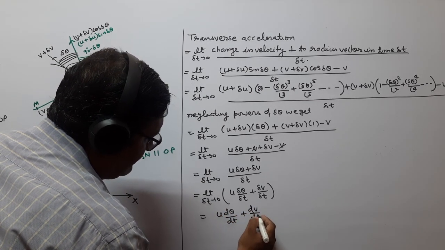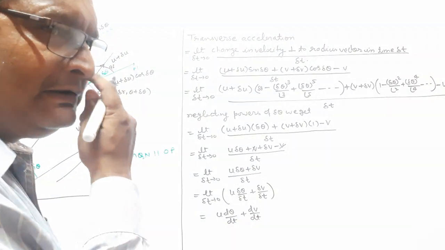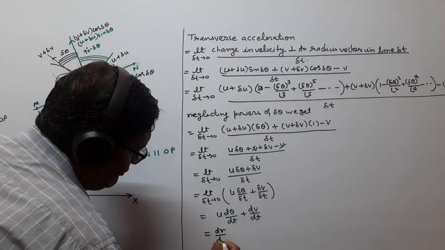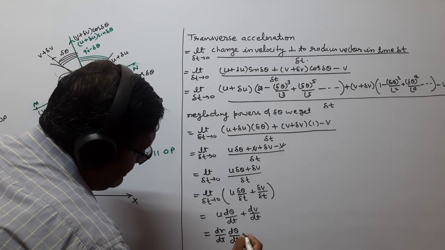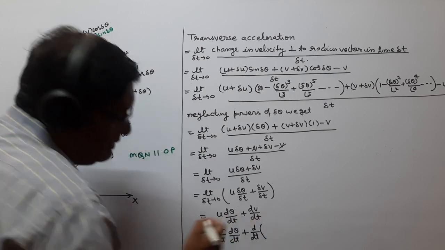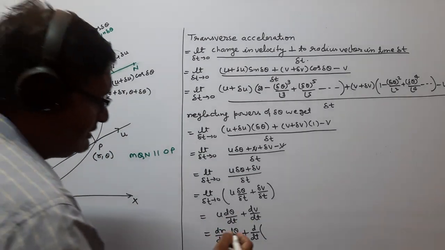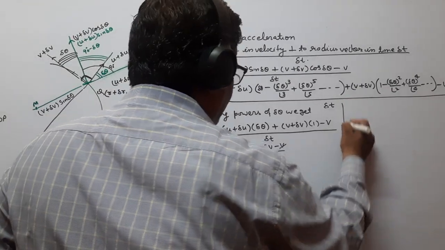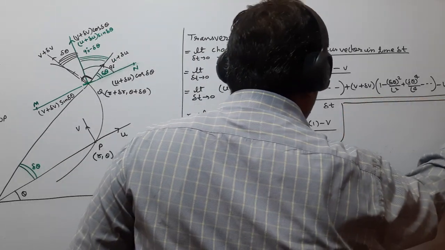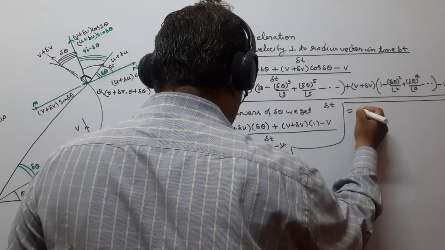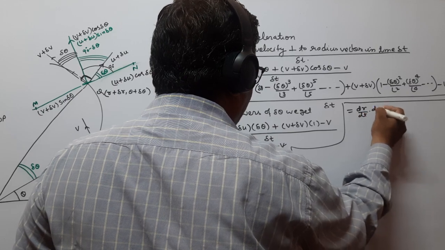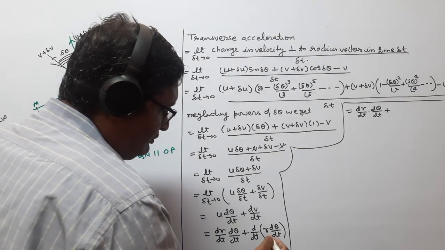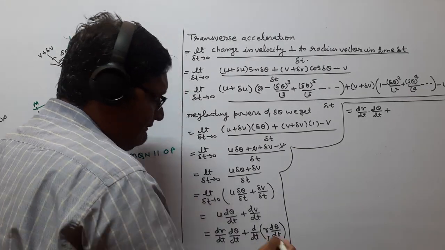We know that u is the radial velocity which is equal to dr by dt, and v is the transverse velocity which is equal to r d theta upon dt. Now we solve this. So we get here dr by dt multiplied by d theta by dt plus, here we differentiate, we use the product rule of differentiation.